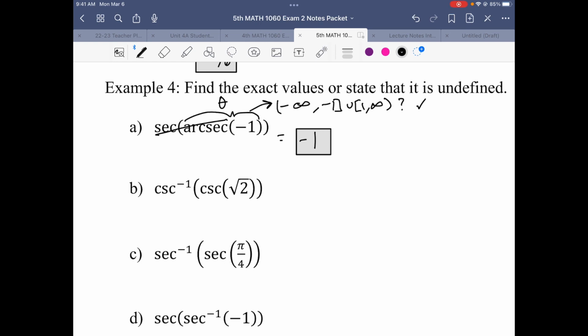Okay? So same thing here, cosecant has to exist. So cosecant's domain that we've restricted it to is from negative pi halves to 0, or from 0 to pi halves. Okay? And is root 2 within that range? You need to double check on this one because this one's a little bit strange.